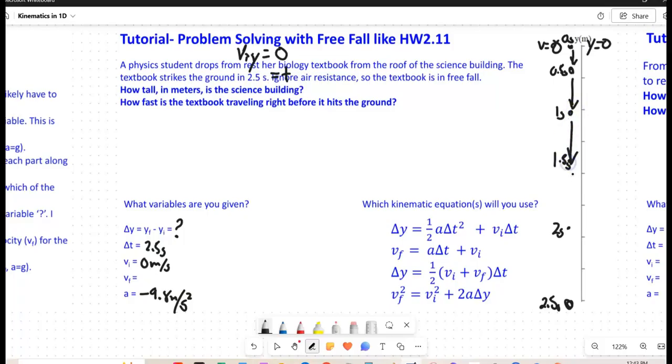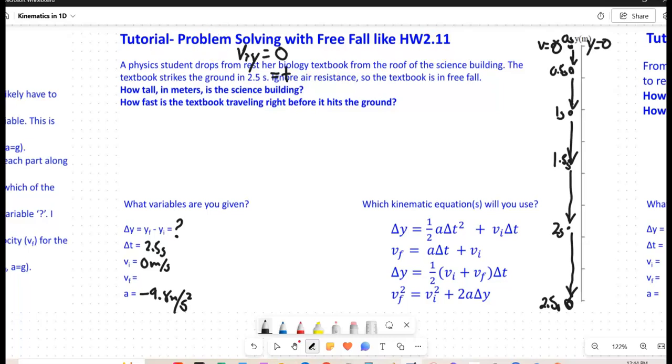And remember, after the first second, it needs to be traveling at 9.8 meters per second down. Since it started with a 0 velocity, you add this negative 9.8 meters per second for every second, so that after the first second, it's going to be traveling at 9.8 meters per second down.